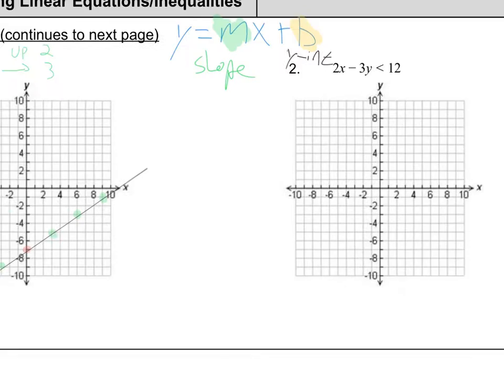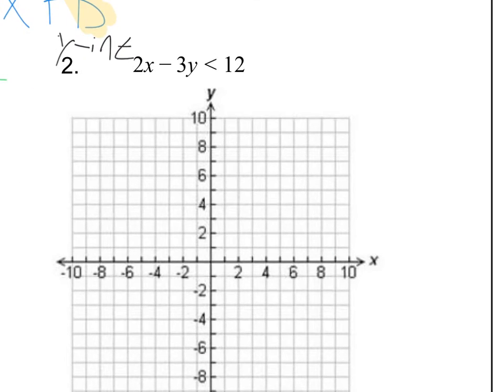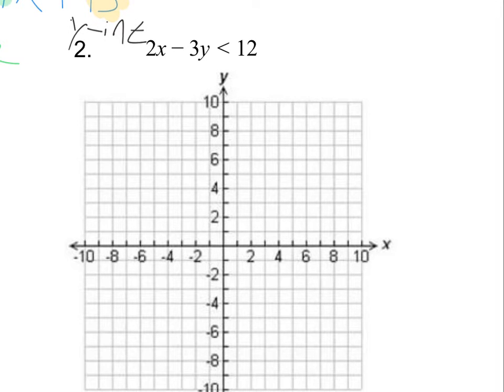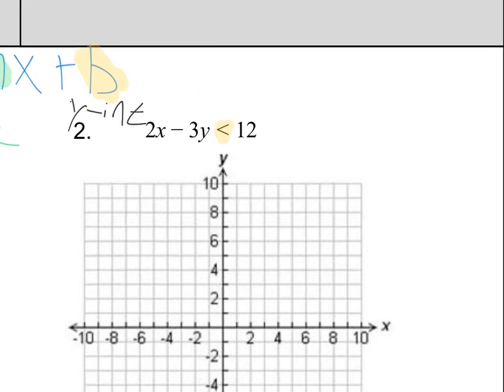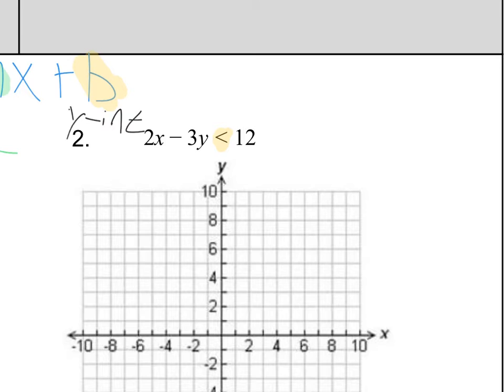Next type. Here we've got an inequality. Since we're dealing with an inequality, that tells me 2 things. 1, there's going to be some shading involved, either above or below the line. And 2, it's either going to be a solid or a dotted, aka dashed line. Before we get into any of that, let's rearrange this so we have slope-intercept form. So I'm going to move the 2x to the other side.